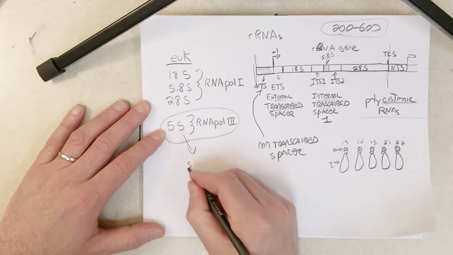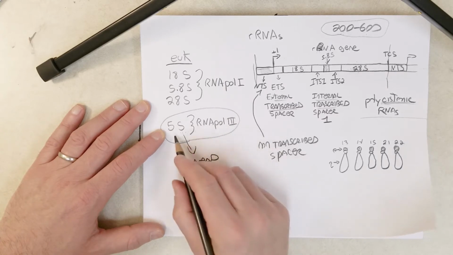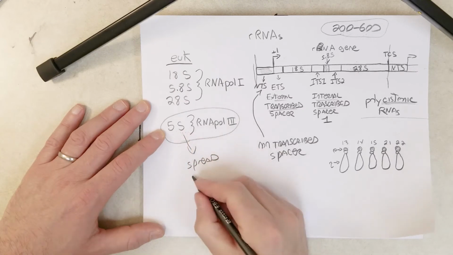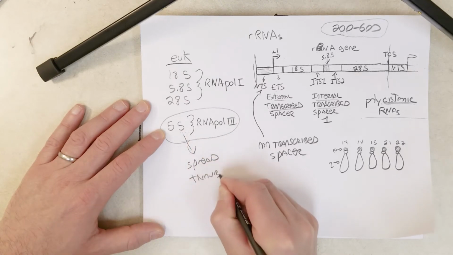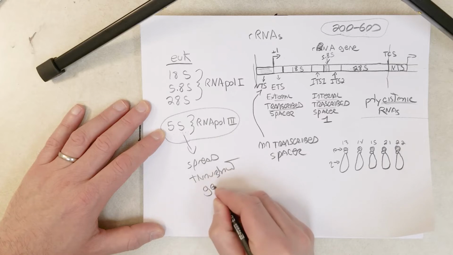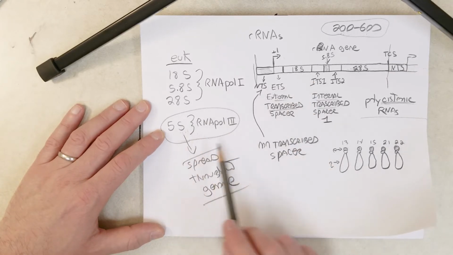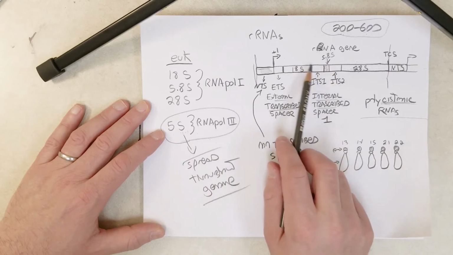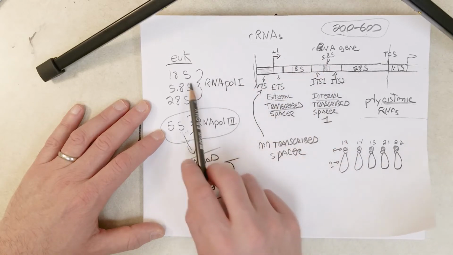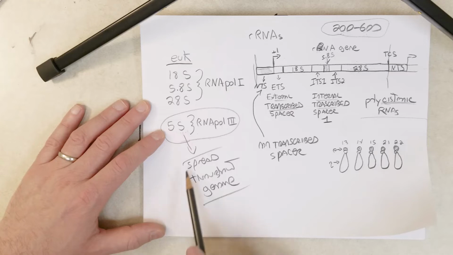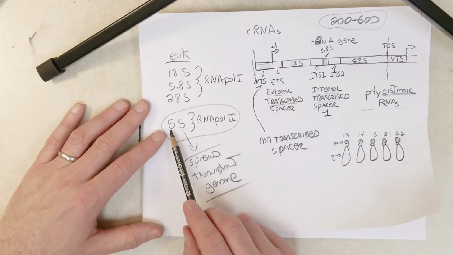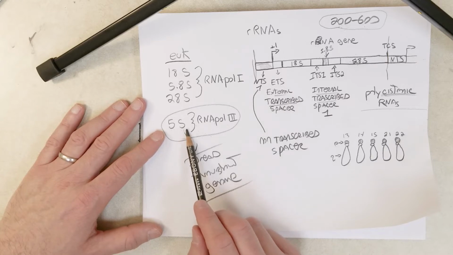I don't know how many copies there are, but we can probably guess there are hundreds spread throughout the genome. So they're not arranged in tandem repeats like the genes for the other ribosomal RNAs. They're just individual genes spread throughout the genome for the 5S ribosomal RNA gene.